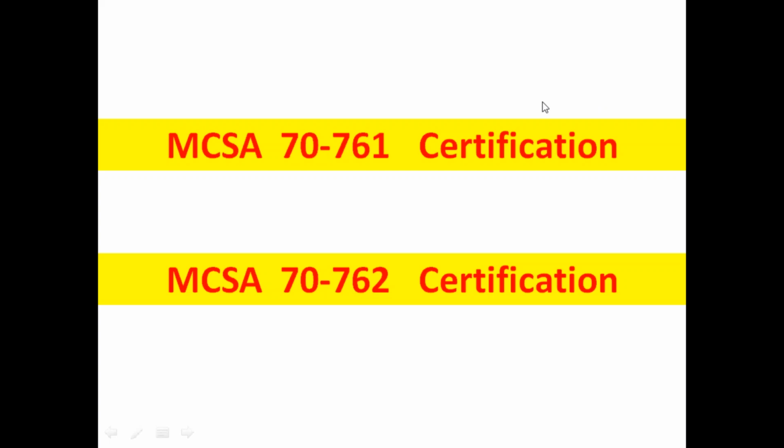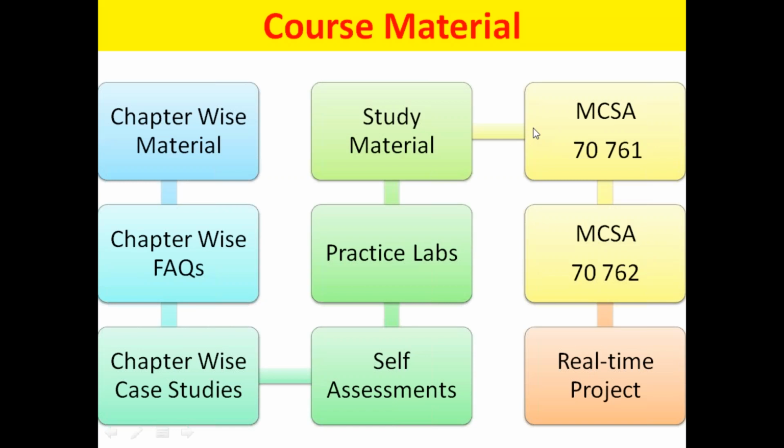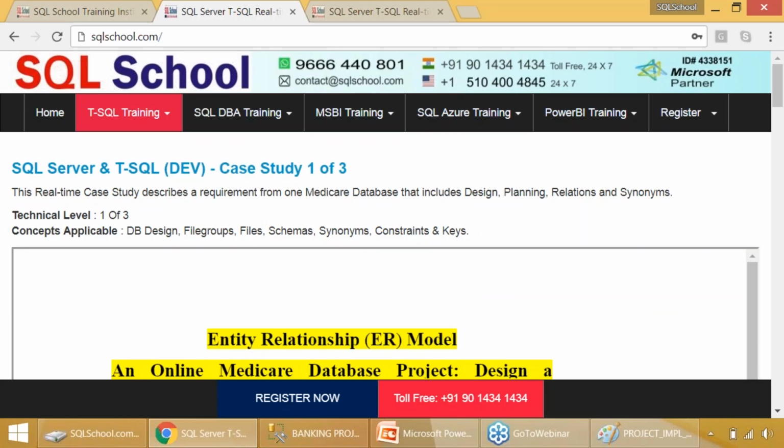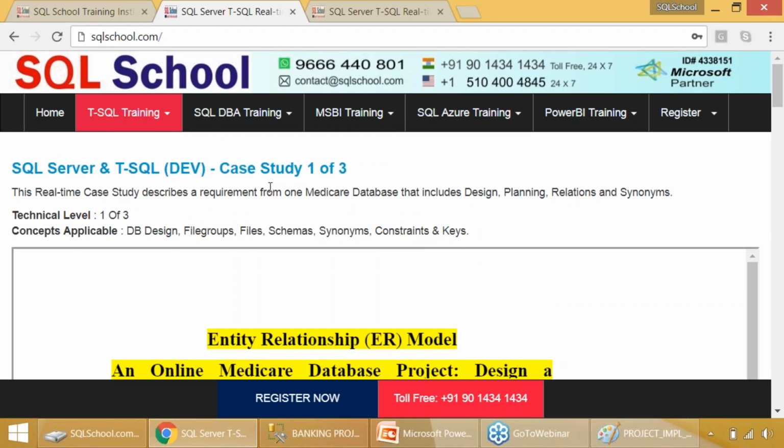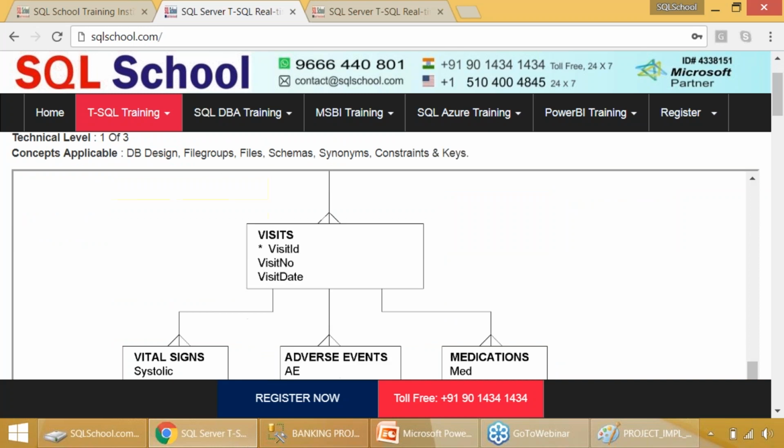Now, with this information, the type of course material includes chapter-wise information, chapter-wise material, and chapter-wise FAQs and case studies. For example, one sample case study on my screen: a series of 3 case studies before we take you to the implementation of a real-time project.